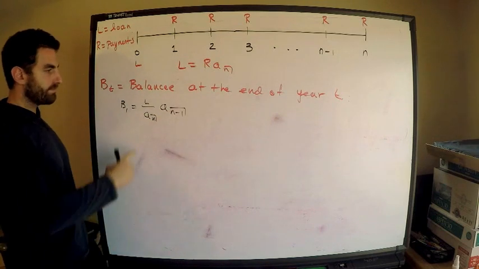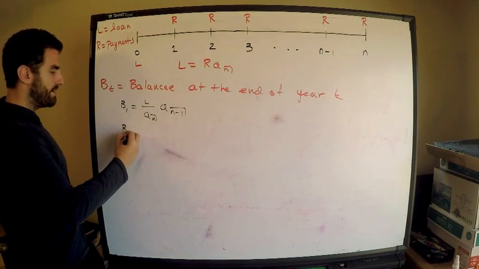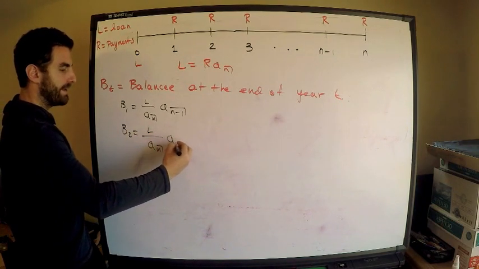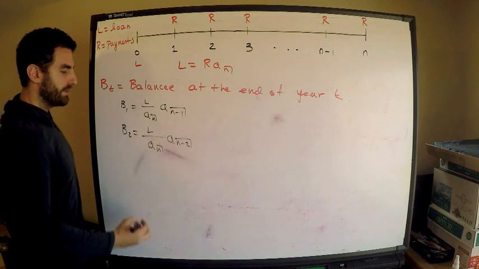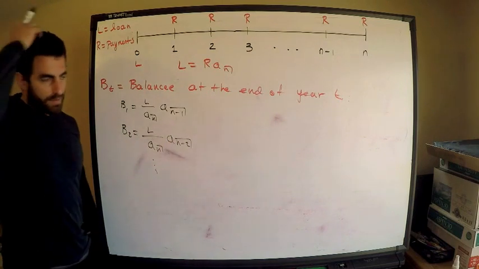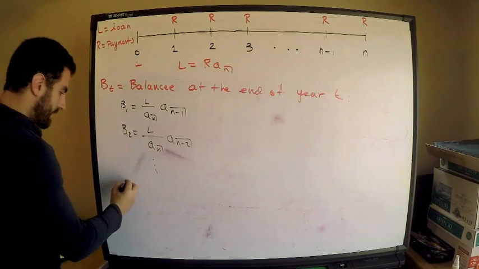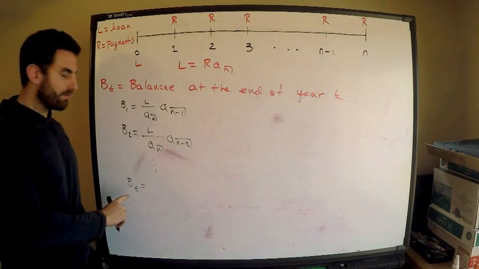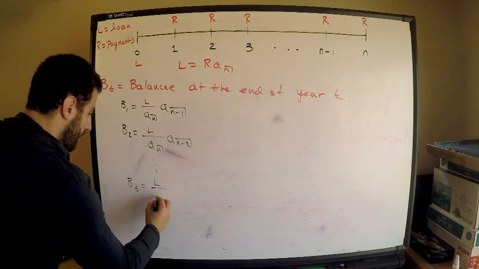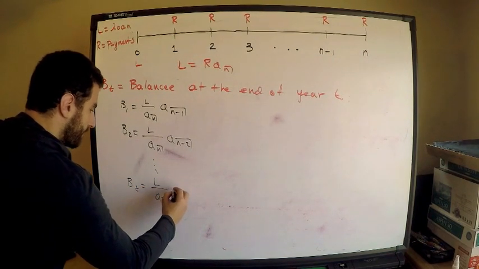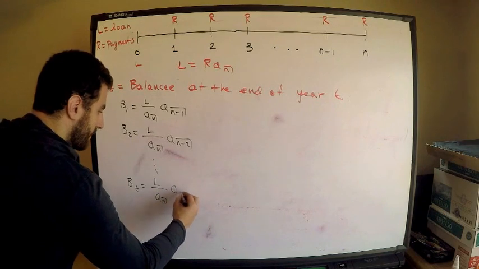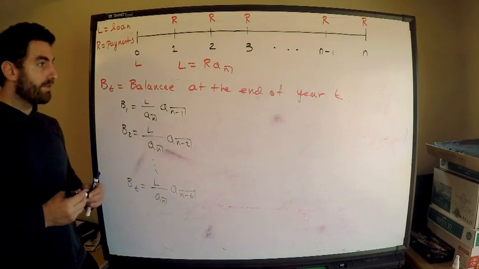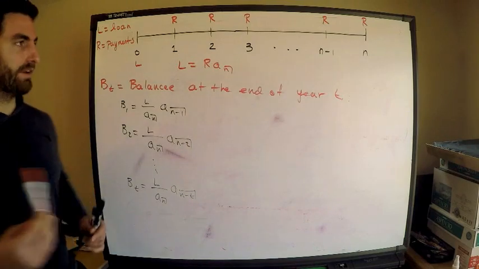We also saw that B2 is equal to L over A angle N, A angle N minus 2. Keep going, see the pattern. It's quite obvious. BT, the balance at the end of year T, in general is L over A angle N, A angle N minus T. So this is what we have in general.